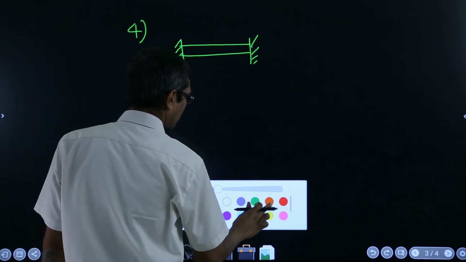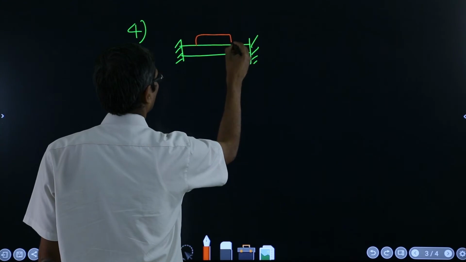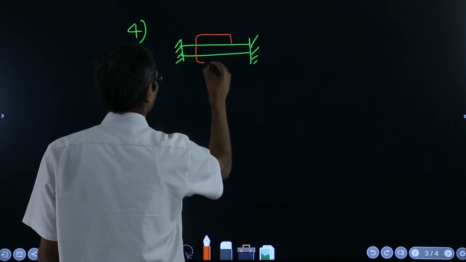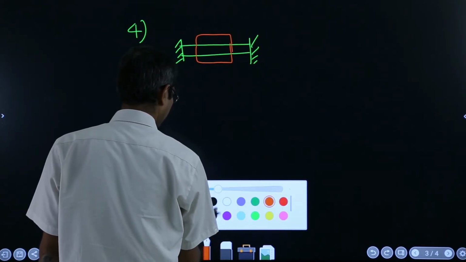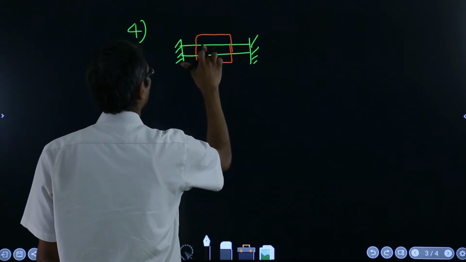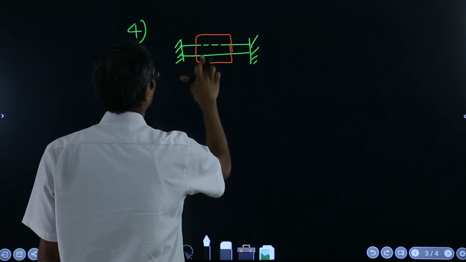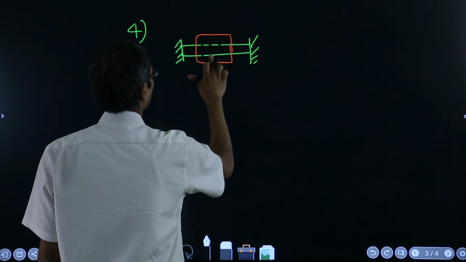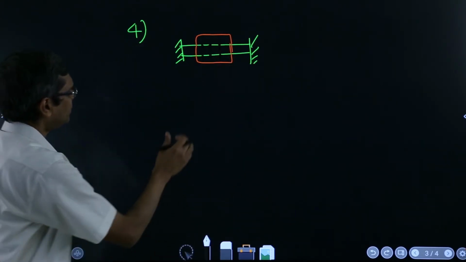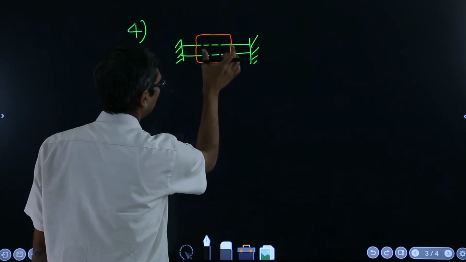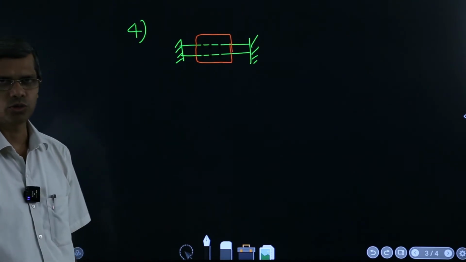Over that you have put a slide like that, and these are dotted lines so that this is behind this in a way. So this block can freely slide on that smooth rod.